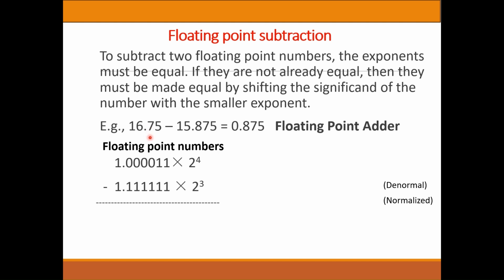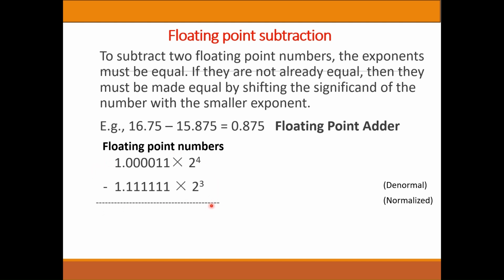The first number 16.75 in scientific notation and in normalized form is 1.000011 times 2 to the power 4. And the second number, 15.875, is 1.111111 times 2 to the power 3. So these are represented in normalized form.